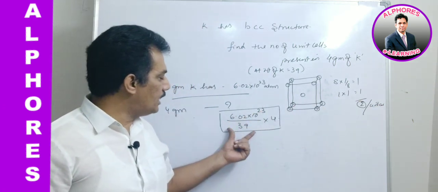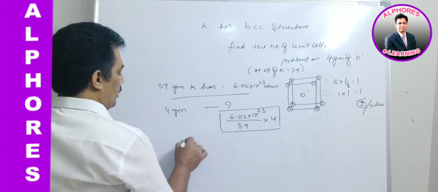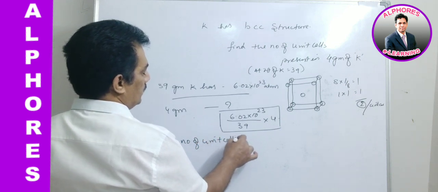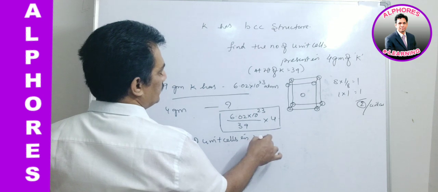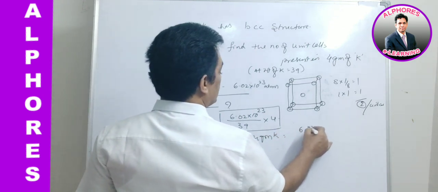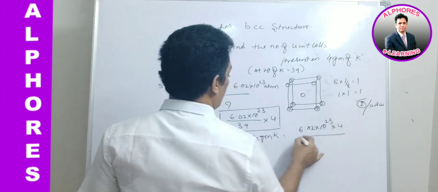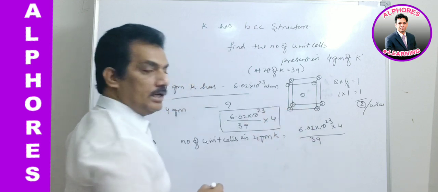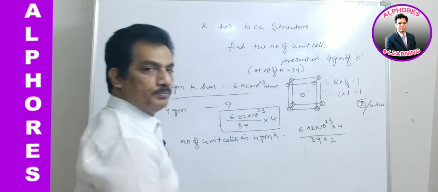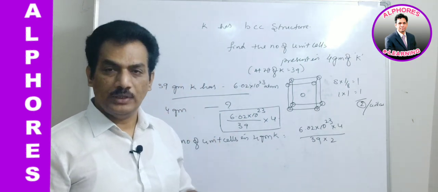So converting this number of atoms into unit cells, the number of unit cells in 4 grams potassium is equal to the total number of atoms present in 4 grams divided by 2, because 2 atoms is equal to 1 unit cell.